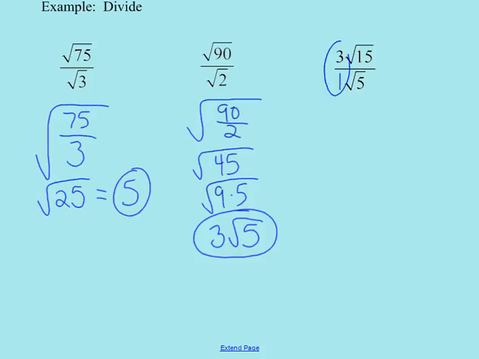We have 3 divided by 1, which is 3, and then we have the square root of 15 divided by the square root of 5. Well, we know that we can rewrite that as the square root of 15 divided by 5. And that 15 divided by 5 is 3. So in this case, we end up with 3 square roots of 3.